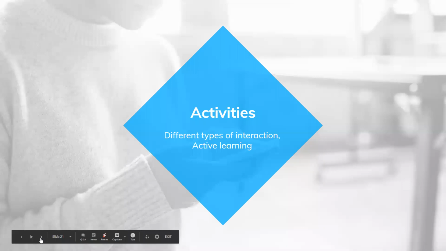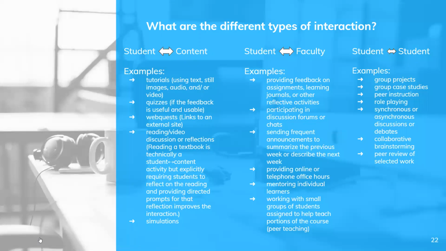Now we're going to talk about activities, different types of interaction, and active learning. So what are the different types of interaction? When you're creating your course, now that we're all in the online world, you need to think about 3 different types of interaction: student to content, student to faculty, and student to student.